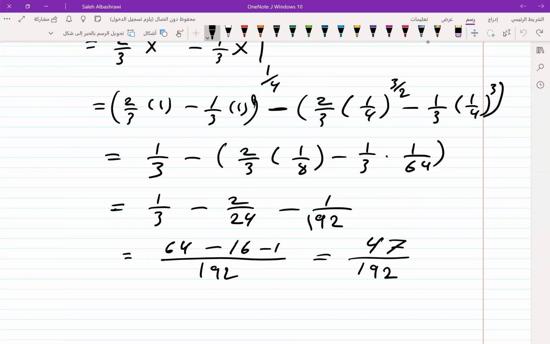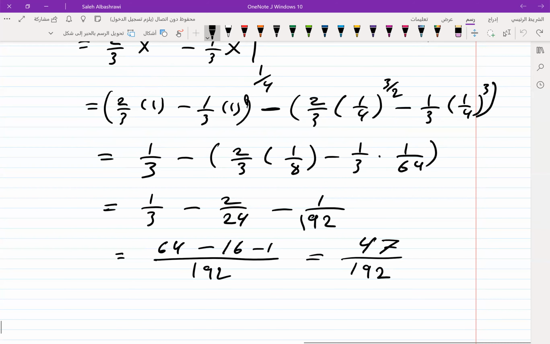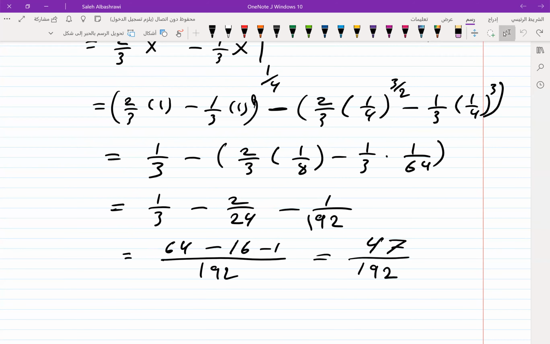So it is 47 divided by 192. So the area of this region will be 47 over 192 square units.